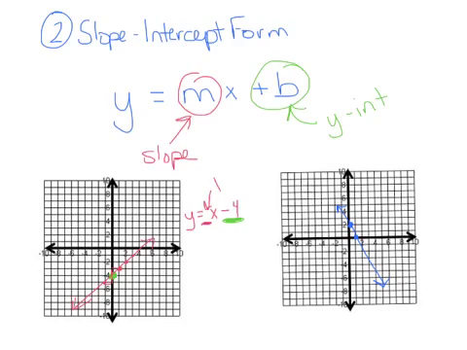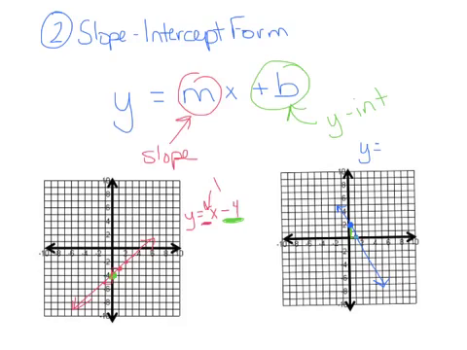It's quick enough. What I can also do is look at a graph and come up with an equation. In this case, I know that my y-intercept is 2. So I can say y is equal to my slope, which in this case is going to be down 2 and to the right 1.